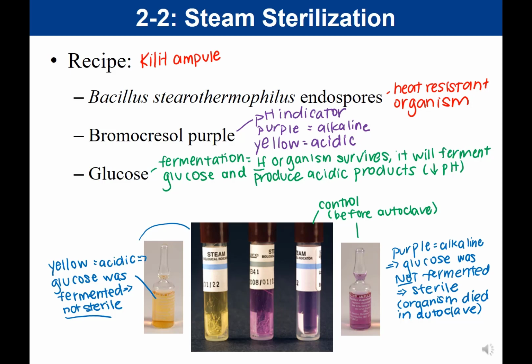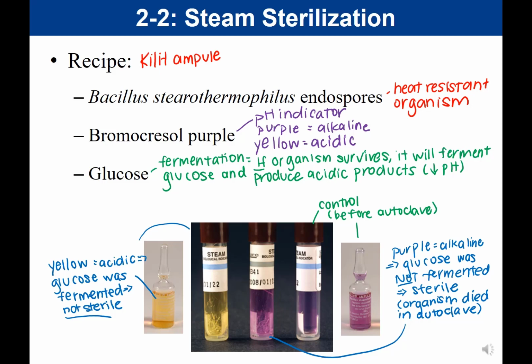Now, in the example in your book, it's the middle tube that demonstrates this. Notice it's purple. The one in the book has an added layer to it. It has this little strip on it that indicates also if the autoclave is working properly. So notice that that strip started out blue, and if the autoclave cycle ran, that little strip is now gray. In the lab, we often use what's called autoclave tape.